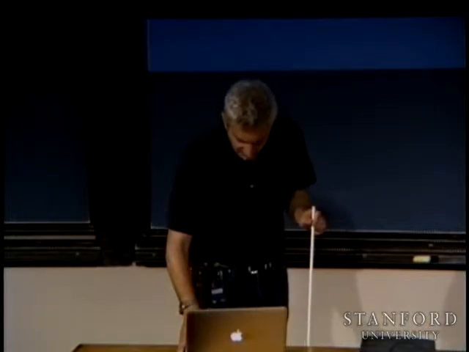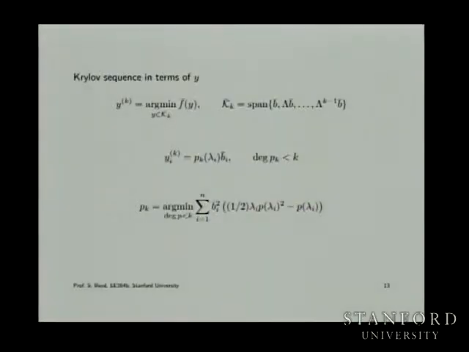Okay. Now the Krylov sequence in terms of Y is the same, except now we can actually look very carefully at this thing, because the polynomial of a matrix is really, really simple. The matrix is diagonal, so a polynomial of it is simply a diagonal matrix, and each entry is a polynomial of that entry in the diagonal, which are the eigenvalues of A. So you get very simple expressions all in terms of the eigenvalues now.